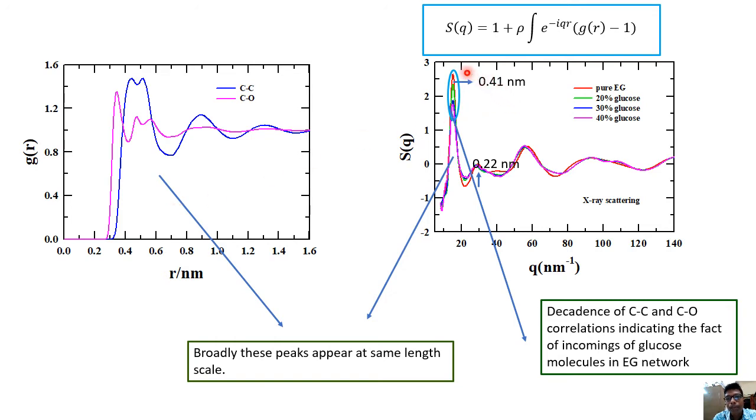The decrease in peak height means a decrease in the correlations of carbon-carbon and carbon-oxygen interaction. That strengthens the fact of invasion of glucose molecules into the ethylene glycol network, which we have seen earlier.